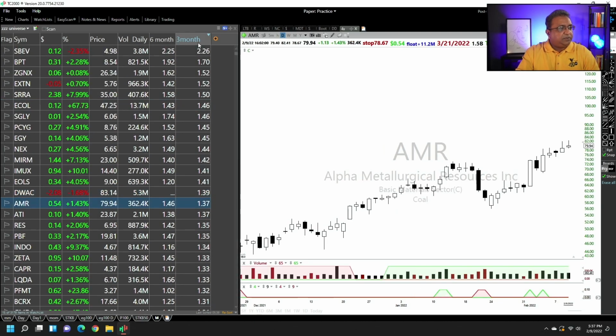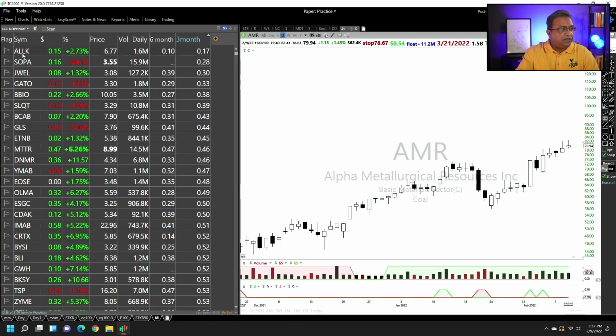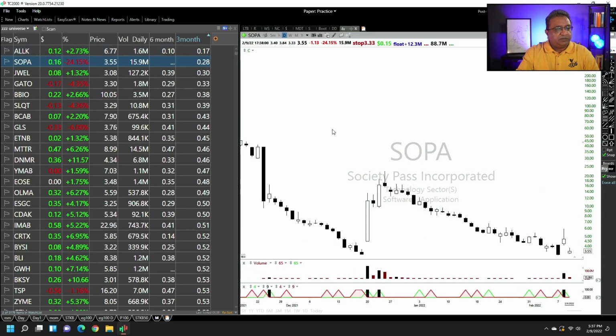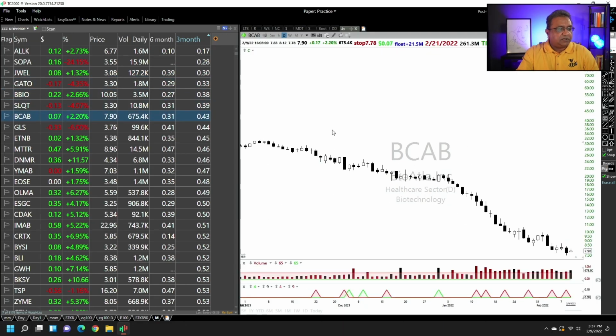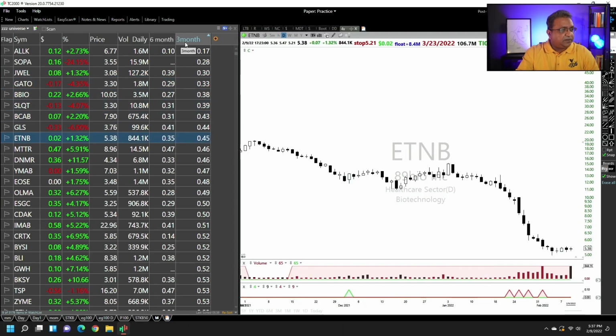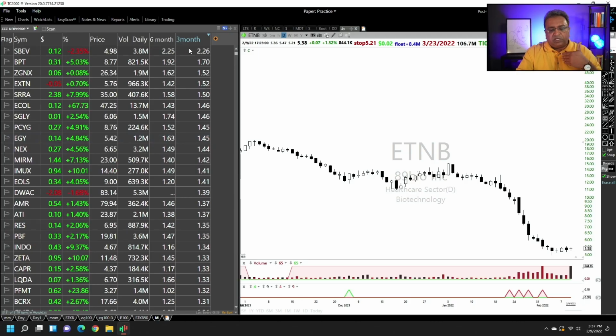Now, similarly, you can look for stocks which are very weak by 3 months momentum. Now, this is a very simple way to do a 3 months momentum.